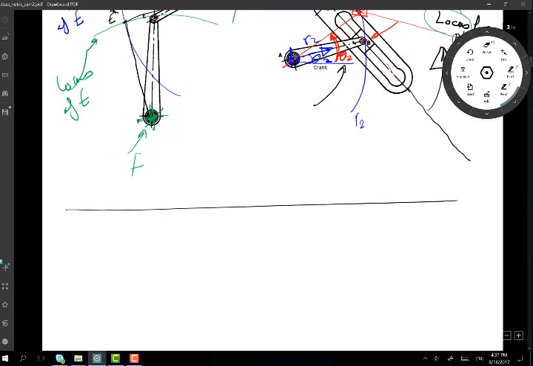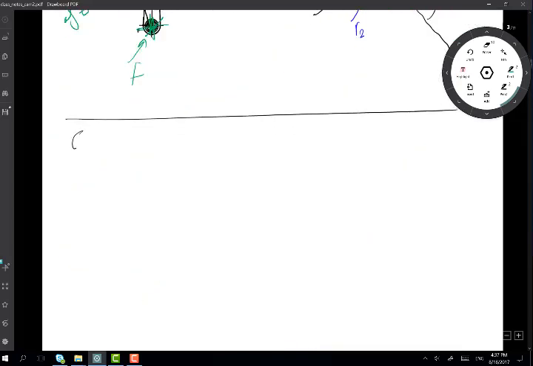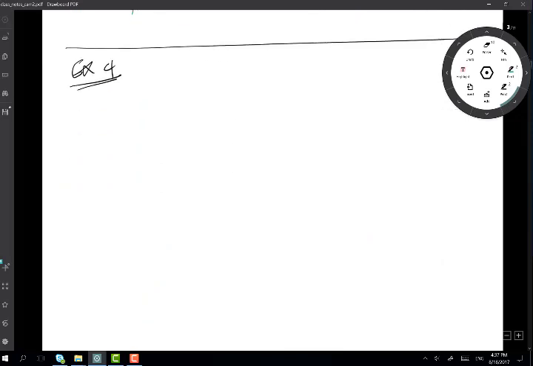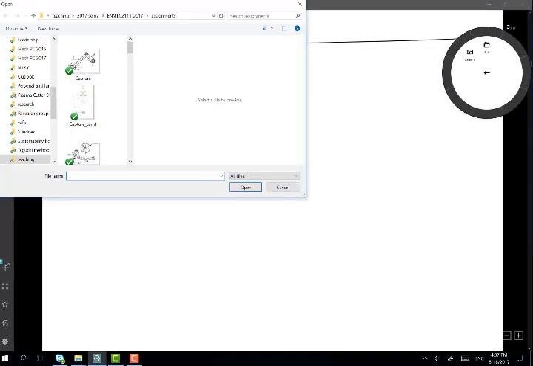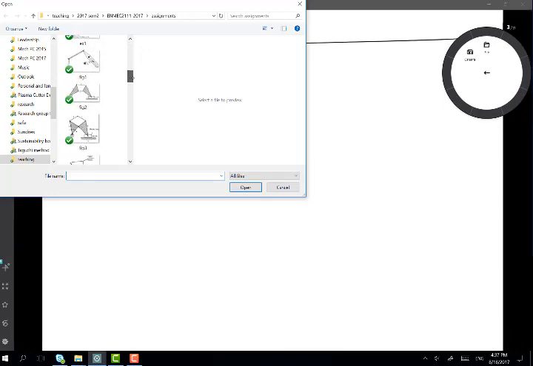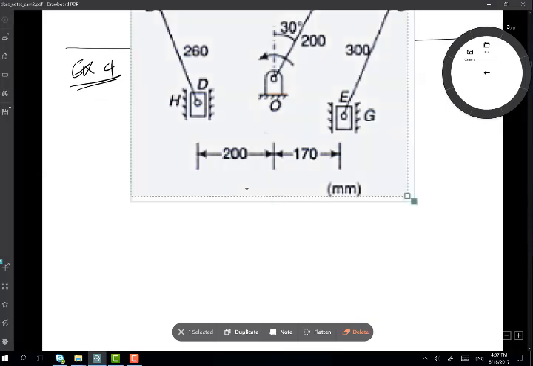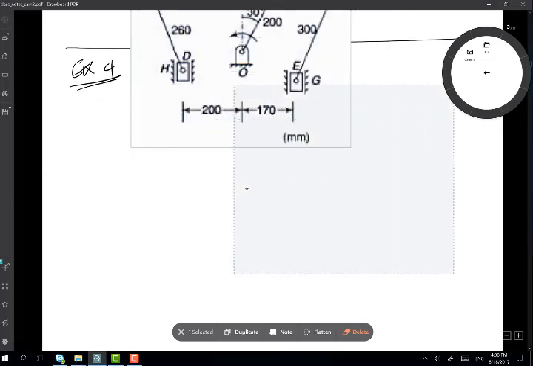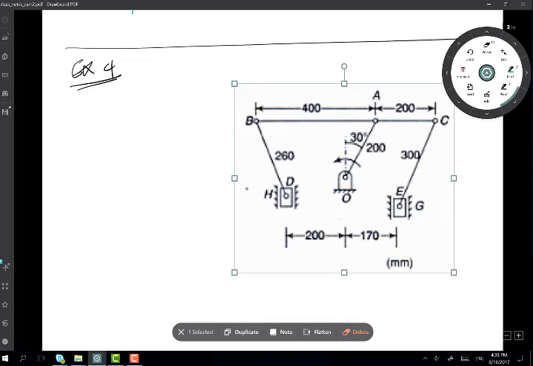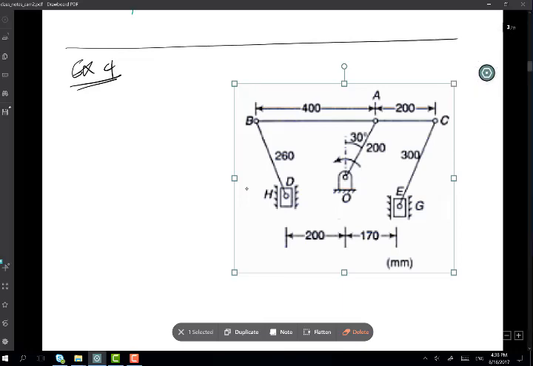So example number 4. Let me just copy one of those drawings. Okay, let's say this one looks interesting. So I copy this one here and just flatten it.